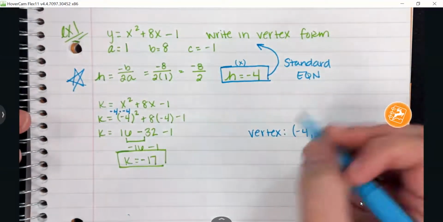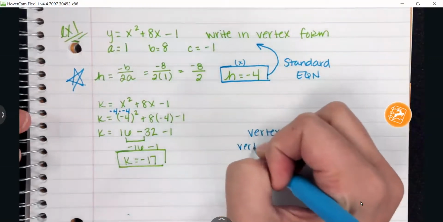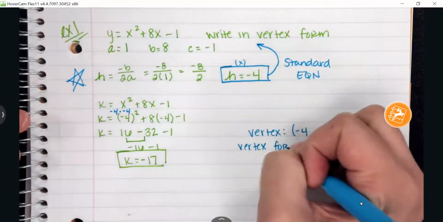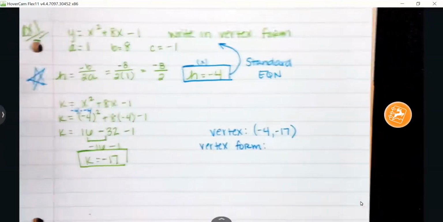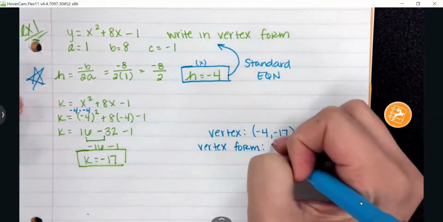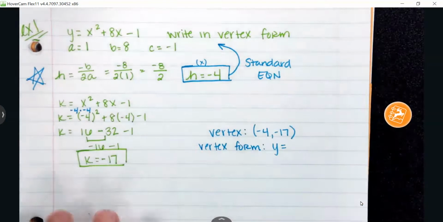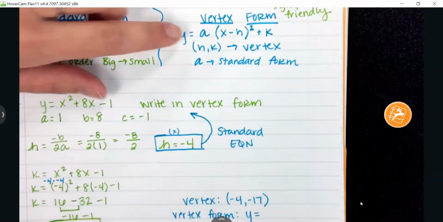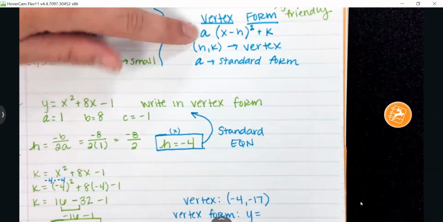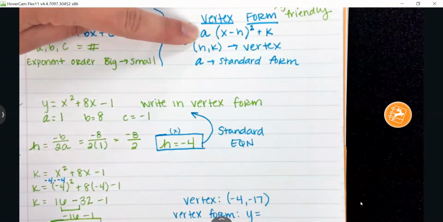Now, what if I ask for vertex form? That's an equation. So it has to start with Y equals. Look at your equation up at the top. Y equals A. What was my A value in this problem? Okay, I'm going to write it.